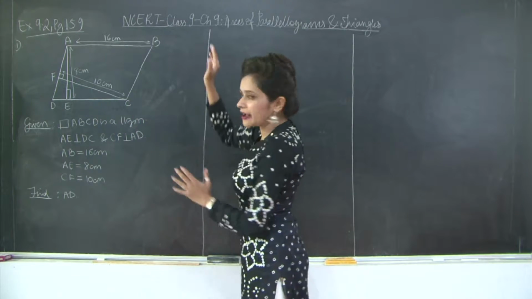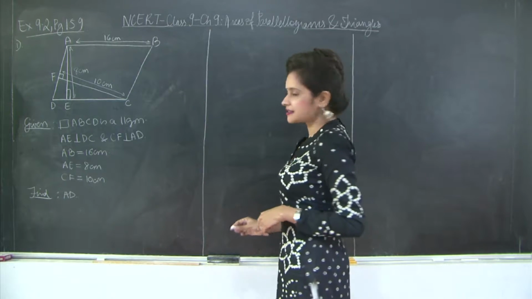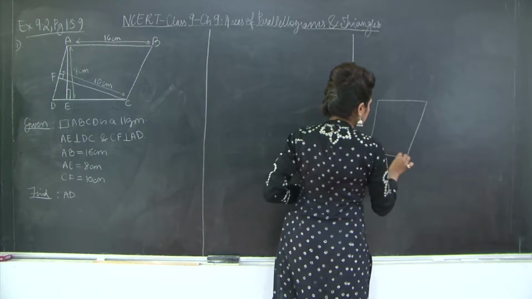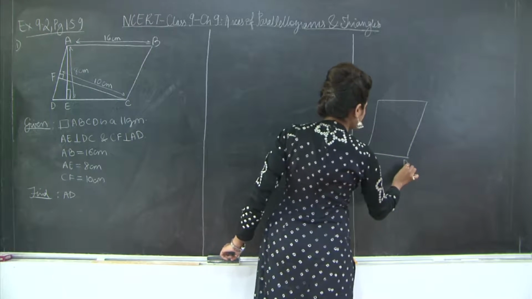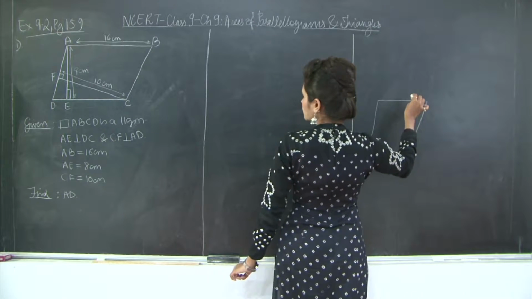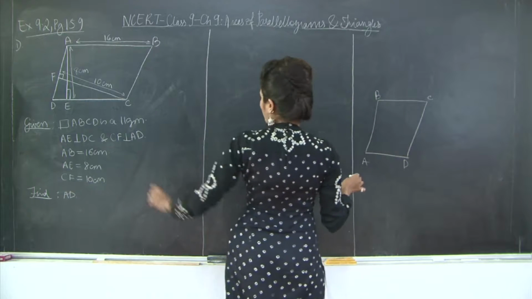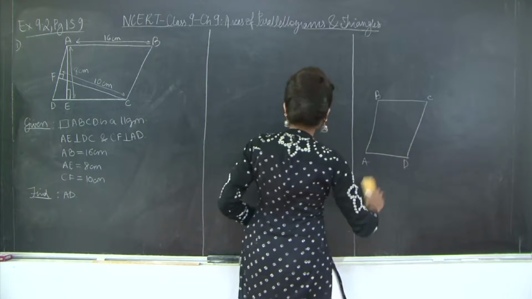If you tilt the parallelogram such that you have AD as the base, what will this look like? You will have a parallelogram similar to this, right? So I have AD as my base, I have C and B, and which is the perpendicular height we have, just one moment.